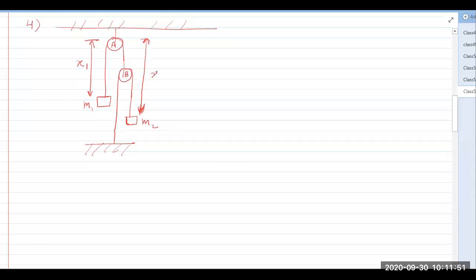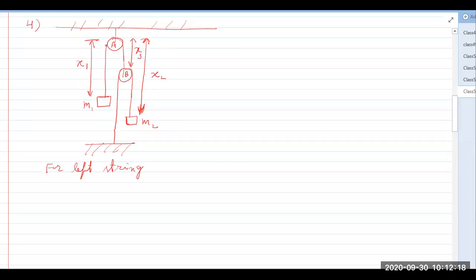Okay. So if we write this as x1 and this as x2, we will need one more distance. This one also we will need. So this one we are writing as x3. Okay, so this is x3. This is x2. Now we will write the length, suppose for the left string. What is the length?